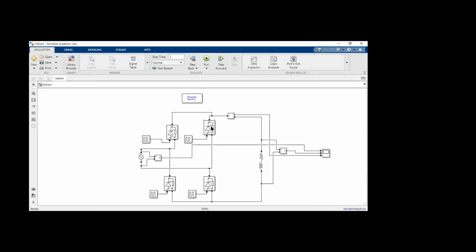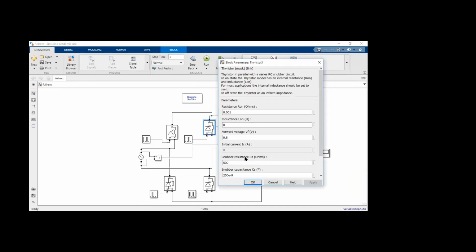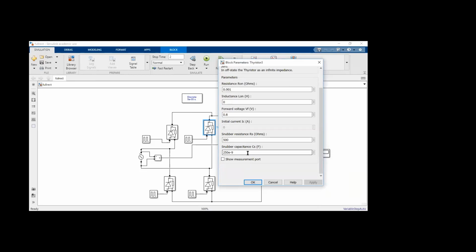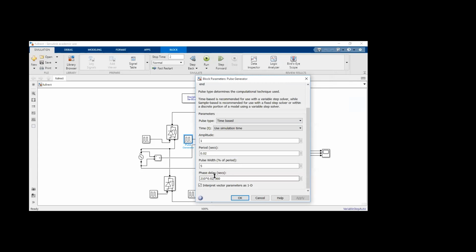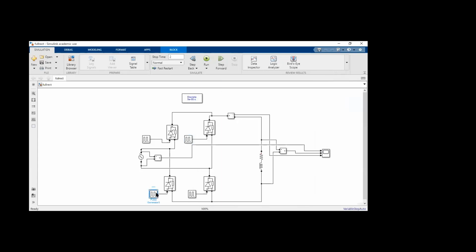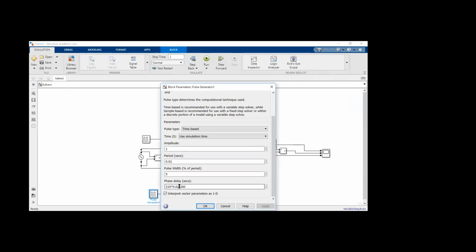When you consider the negative half cycle, 2 and 3 will be conducting. They will be conducted after 180 degrees, so the pulse generator will be 180 plus 30 degrees, which is 210. So this is 210 and this is also 210 degrees.